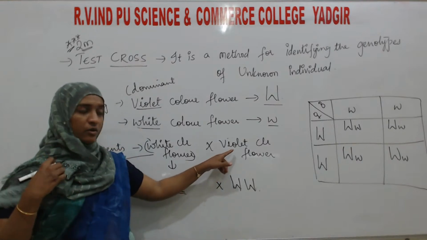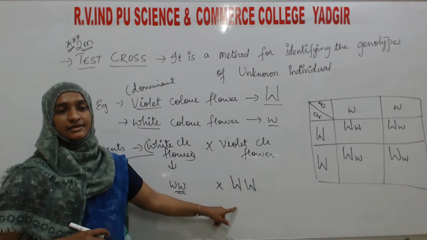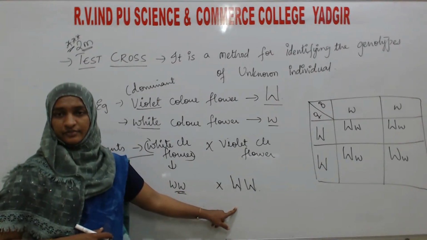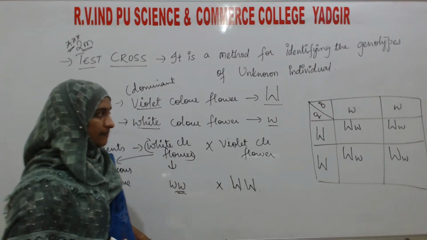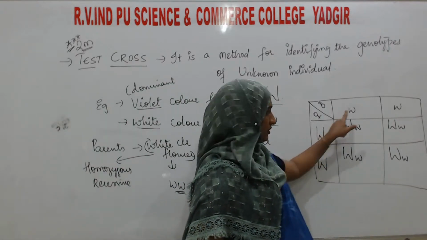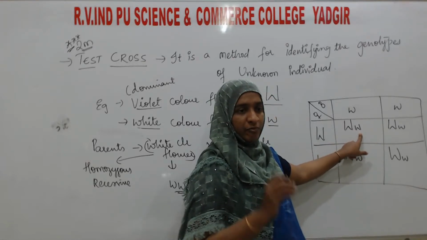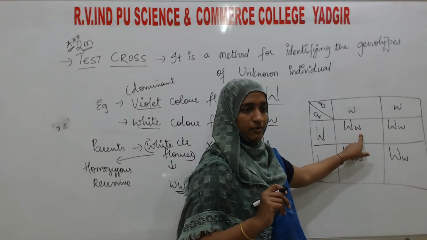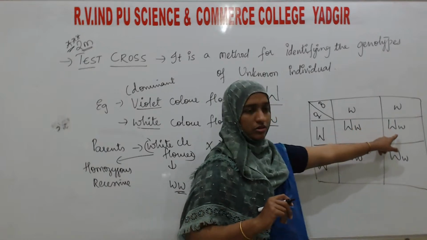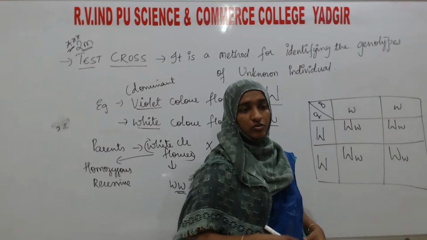Who is dominant? The violet color flower. This is homozygous dominant. When we cross capital W with small w, we get one capital W, one small w, again capital W, small w, and so on.